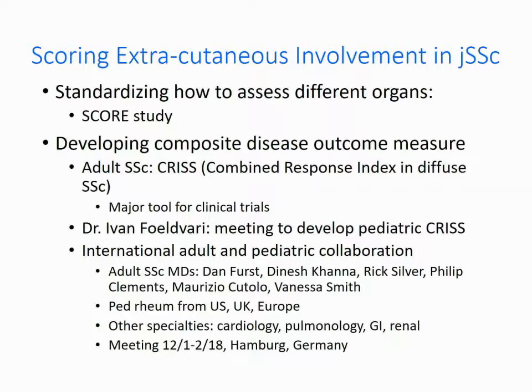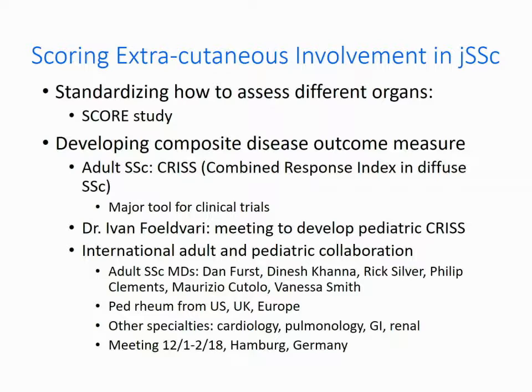It's likely, it already is becoming a major tool for clinical trials, and probably shows better responsiveness than just looking at these parameters individually. Dr. Yvonne Fulveri in Germany had set up a meeting last year to develop the pediatric CRISS that we all participated in, and we're very fortunate that the adult systemic sclerosis experts, including Dan Furst, Dinesh Khanna, Rick Silver, and Philip Clements, are very supportive of this effort, so they're participating so we can learn from their experience.